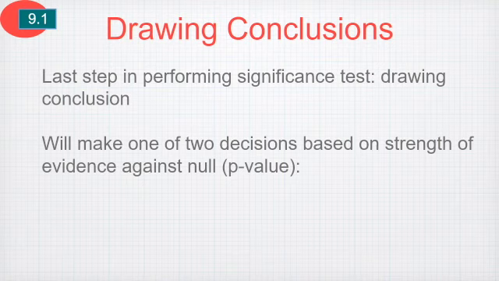So you're going to make one of two decisions, and there's only two, based on the strength of evidence against the null, aka the p-value, right? And this is very much like when we were doing conclusions in science. You write a hypothesis. You either accept your hypothesis or reject it. There were two choices. Now we're not going to accept our hypothesis in this case.